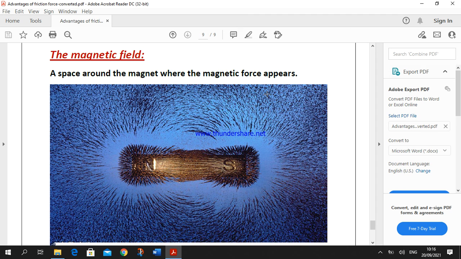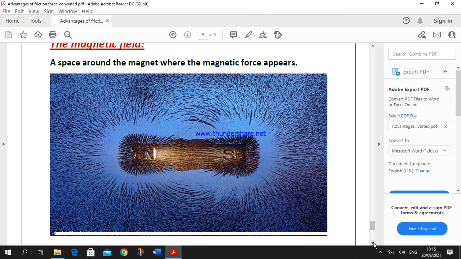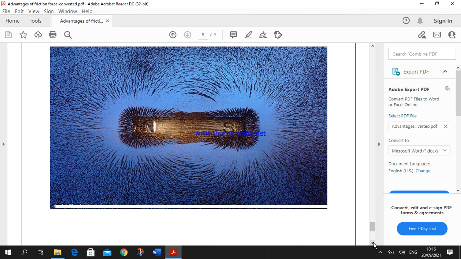So the magnetic field of the magnet is the area or space around the magnet where the magnetic force appears. If we have an iron or steel object in this area, in the magnetic field of the magnet, the magnet can attract it. But if we have an iron or steel object outside the magnetic field, the magnet can't attract it, because the object is outside its magnetic field. So the magnetic field is the space around the magnet where the magnetic force appears.